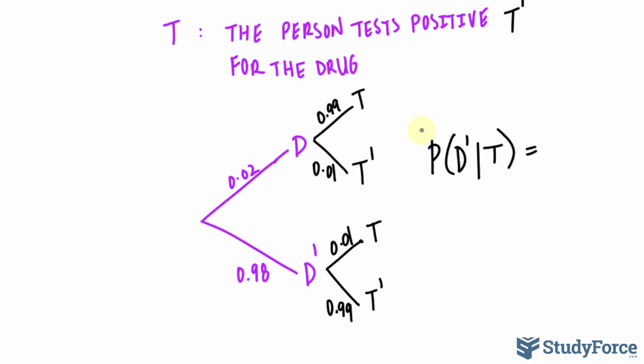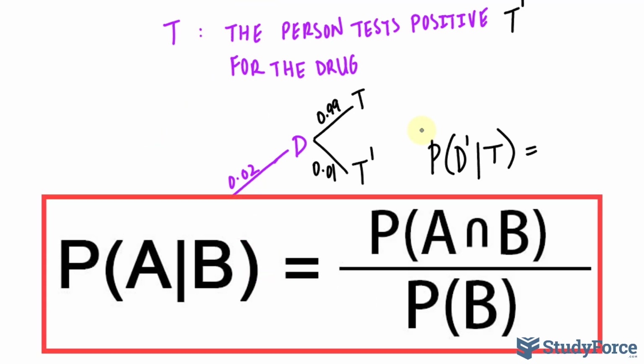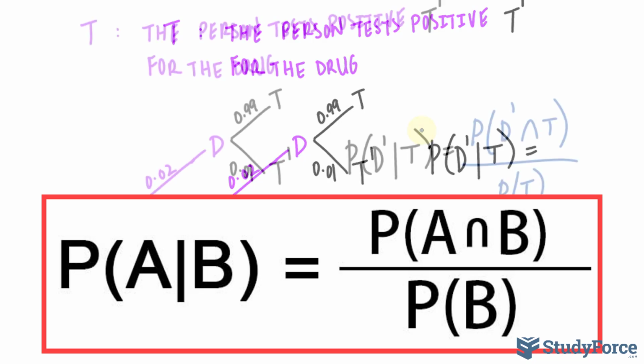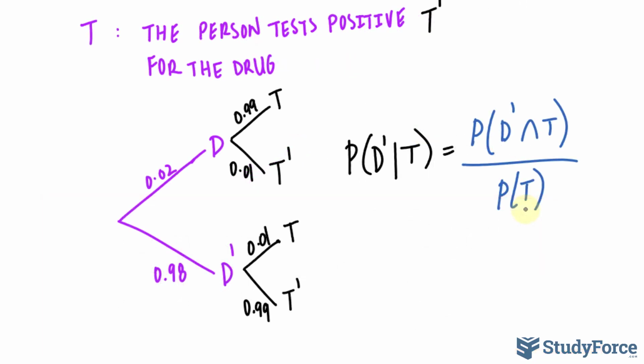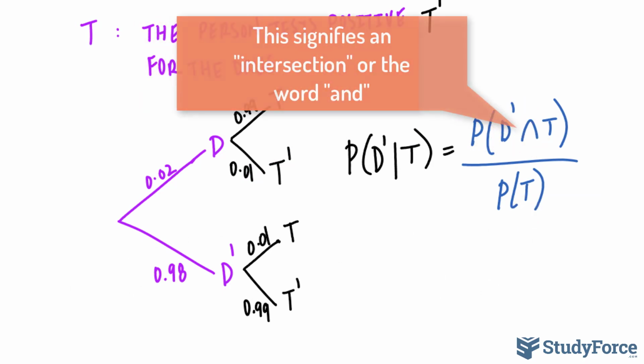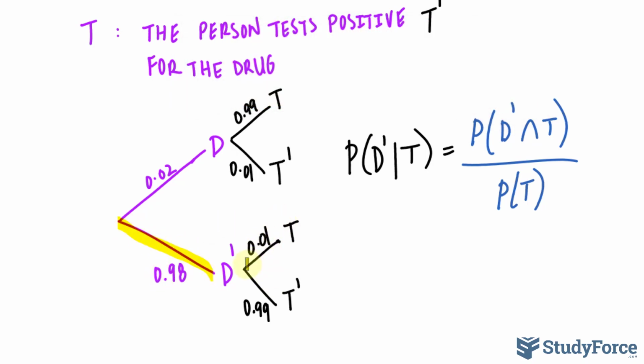Now to find the conditional probability for what I wrote earlier, we need to remember the following formula. This formula is only used for when two events are dependent. Here it is again related to the complement of D and T. This can be found easily by multiplying this number with that number.